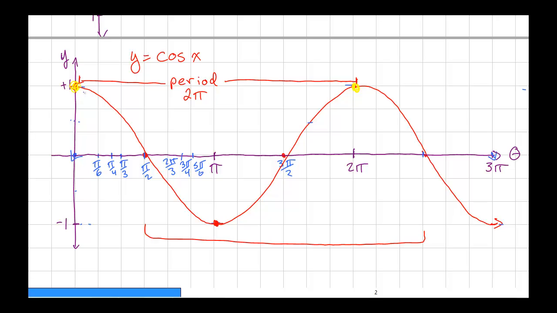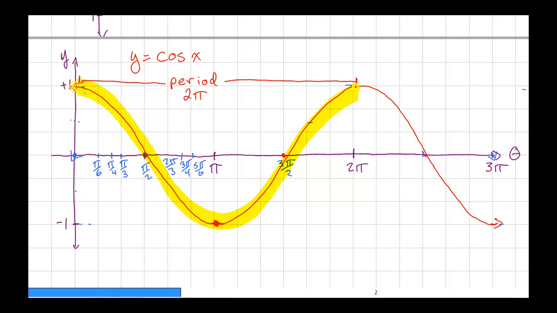I should change that language here. What I mean to say is the distance between two identical points is the period, and that distance in this case is 2 pi. What I've got here, as I follow this whole thing, this is one cycle. That cycle has a period of 2 pi.